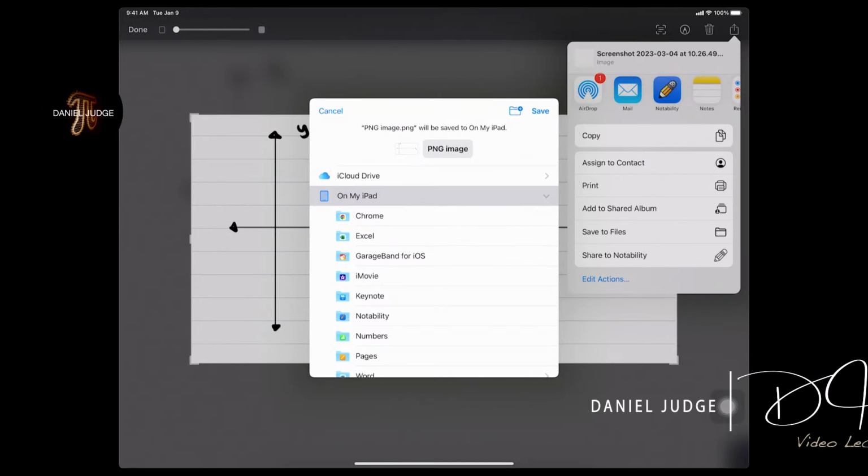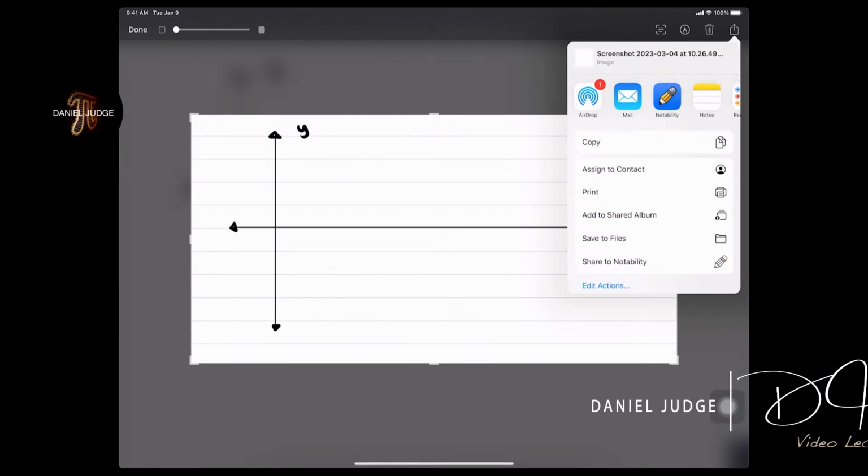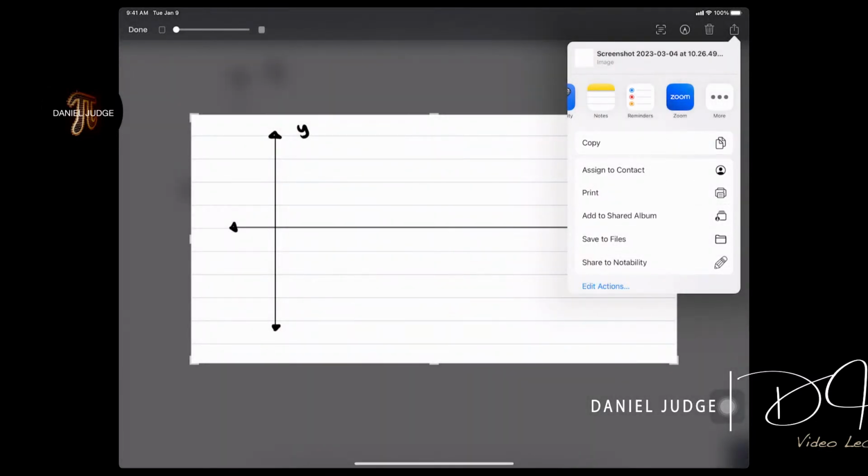Not quite sure how to do that. Come on, where are you, images?